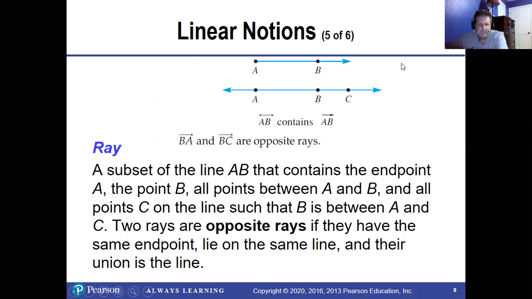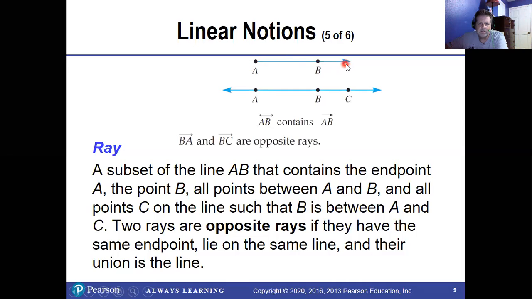A ray is a subset of line AB and contains the endpoint A and the point B, all the points between A and B, and all the points C on such a line that B is between A and C. So a couple of things. A ray has to have an endpoint right here.